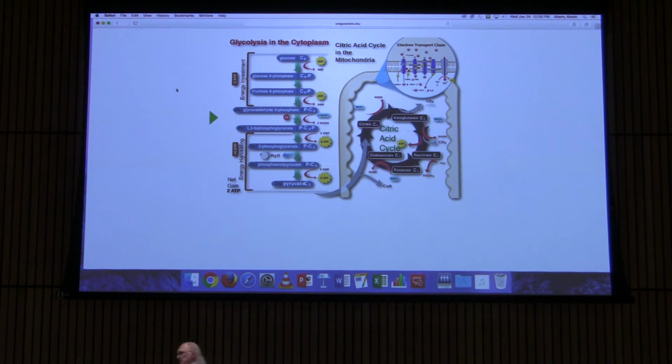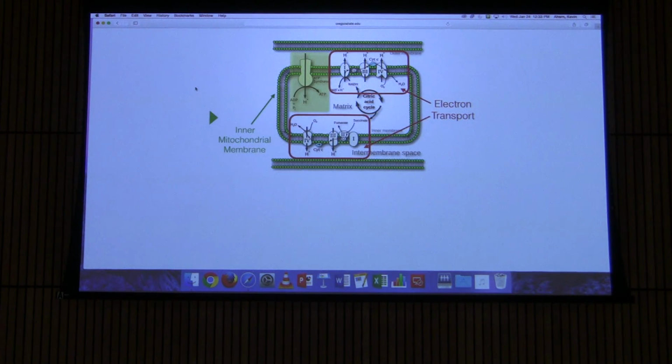For our purposes right now, we need to understand the movement of those electrons. So let's focus on the movement of those electrons through the electron transport chain, okay? This schematically shows what's happening inside a mitochondria. We can see, for example, that electrons from NADH up here are being donated to something that has this Roman numeral 1.